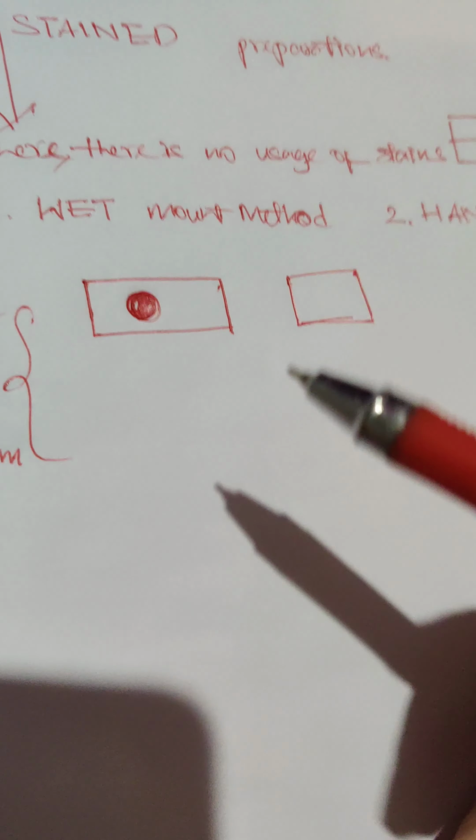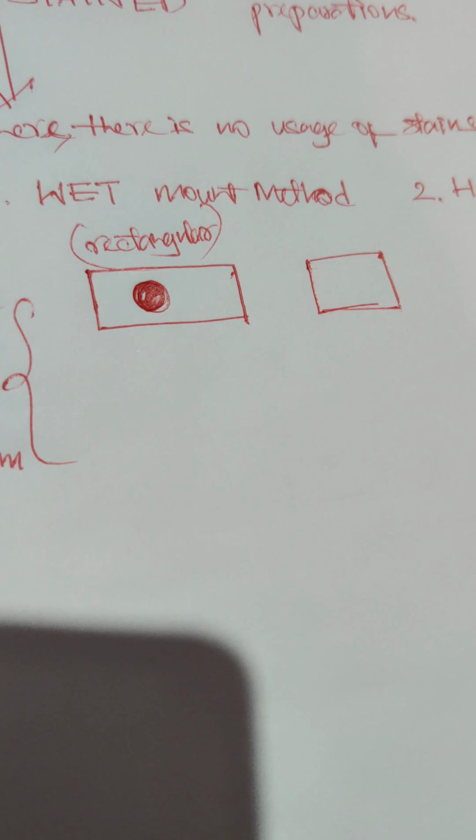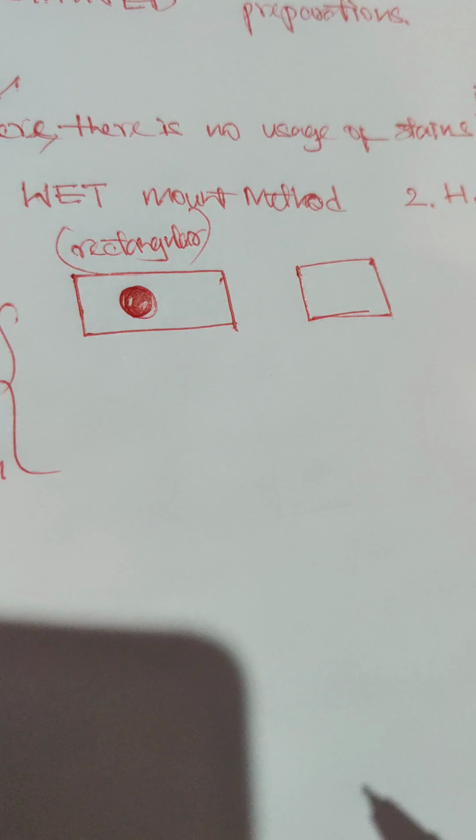The second step is we take a cover slip. As you know, the glass slide is rectangular in shape. The easiest way to distinguish them is that the glass slide is rectangular while the cover slip is square in shape.